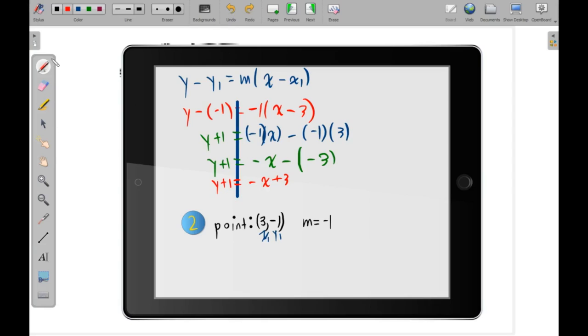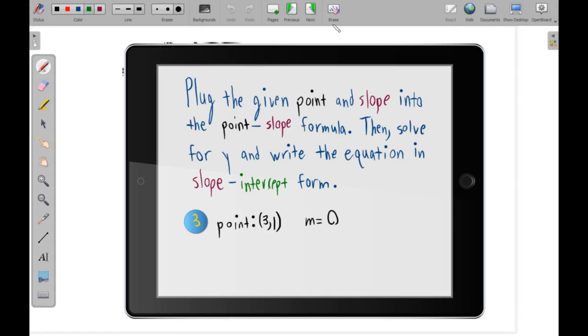The opposite of plus 1 is minus 1. So we're going to subtract 1 from both sides to get y is equal to negative x plus 3 minus 1. And our final answer is y is equal to negative x plus 2, since 3 minus 1 is 2. Okay, so number 3, give it a shot too.